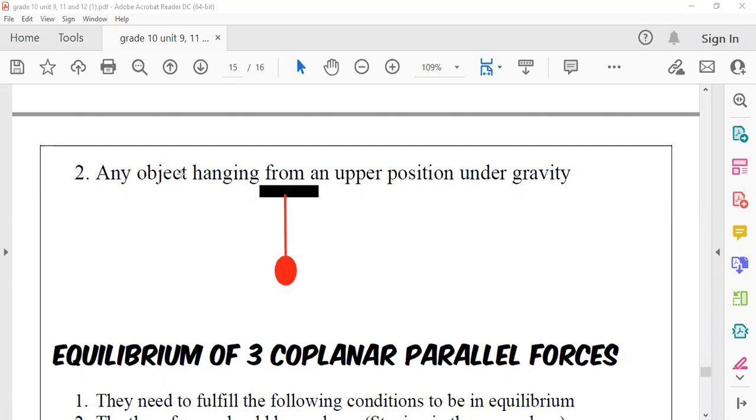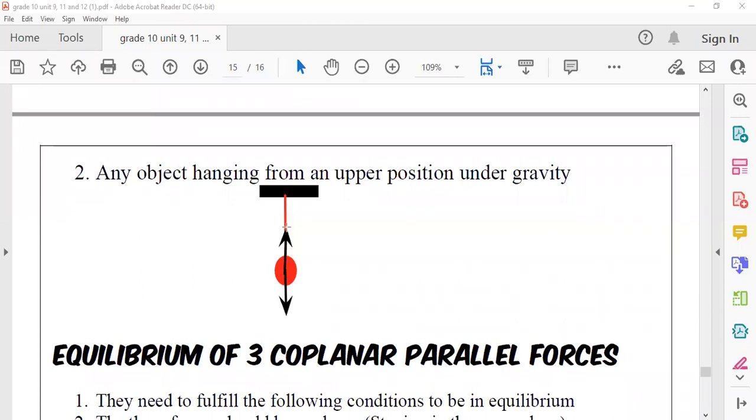In this one, there will be two forces working. One force is working downwards.